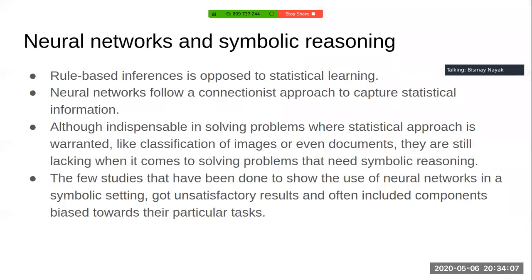So what happens is that neural networks are used to capture statistical information, and we know that statistical learning is very different from rule-based inference. When a neural network makes a decision that a particular image belongs to a category, it bases it on the different pixel values it was able to see in that particular image, and how these different pixel values mapped in other images, and what kind of labels they had, right?